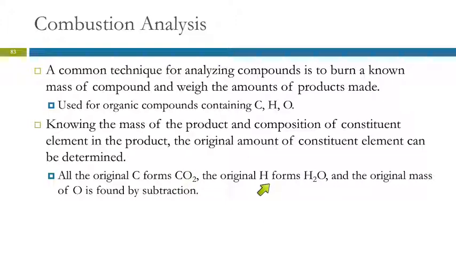All the hydrogen in the compound combines with oxygen to form water, and then the mass of oxygen that was in the compound is a little trickier, but if it only contains carbon, hydrogen, and oxygen, and we find the mass of carbon, we find the mass of hydrogen, and we know what we started with, then we can find the mass of oxygen as the missing part, okay?